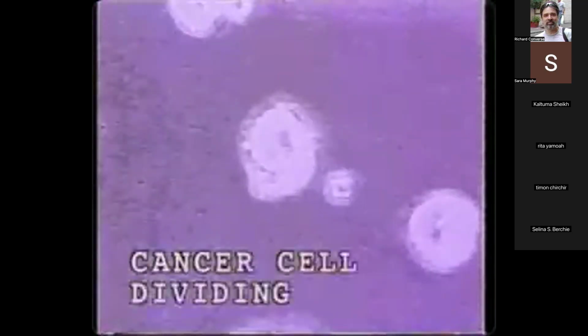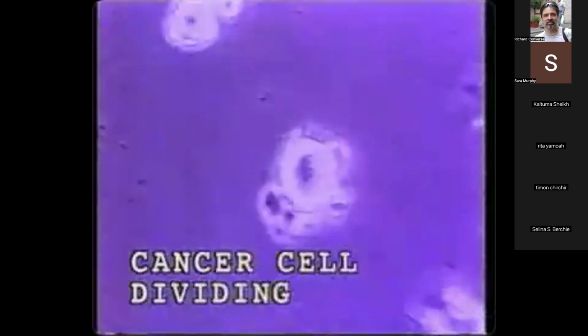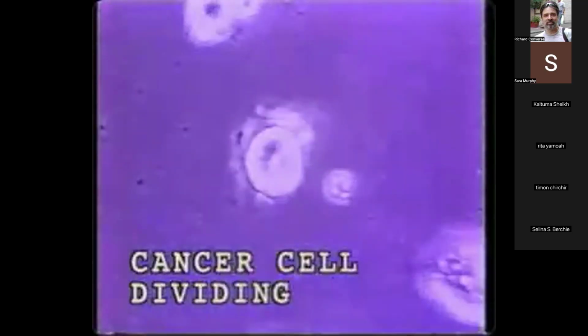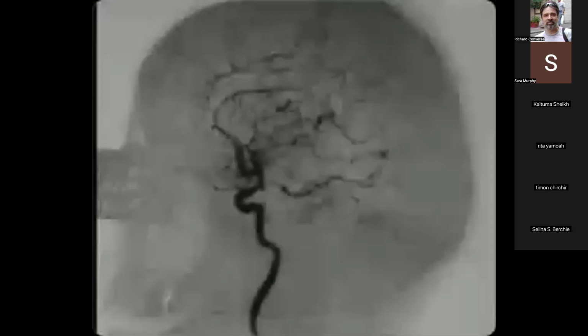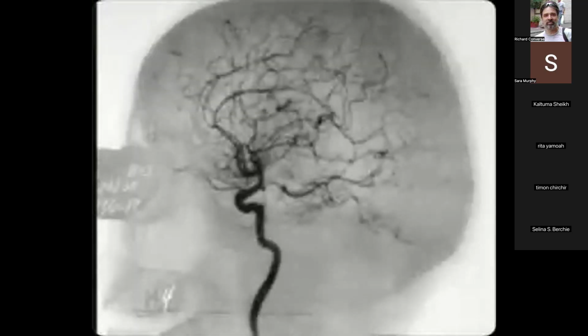The affected cells multiply without restraint, becoming cancerous and ultimately occupying the bone marrow, replacing the cells that produce normal blood cells. These cancer cells may also invade other organs, including the liver, spleen, lymph nodes, kidneys, and brain.